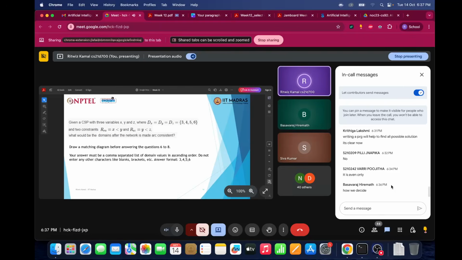Essentially, we have a domain from which the alphabets could be assigned a number, and initially that domain is filled with 9 possible numbers for each alphabet. Correct? Yes. And we have to find a way to trim that domain so that our search space gets smaller, and we have algorithms for that. One such algorithm is arc consistency.